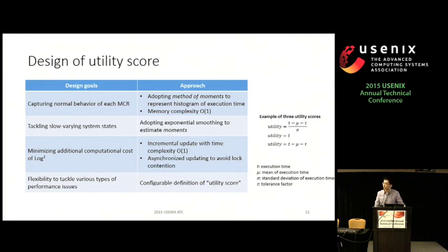I have actually two questions. So one is, it looks like this talk focused on performance bugs. Have you tried to apply your system to correctness bugs? This is a very good question. So the key difference of performance bugs compared with other bugs, such as functionality bugs and crash bugs, is that performance bugs are relatively simple to calculate the utility score for.